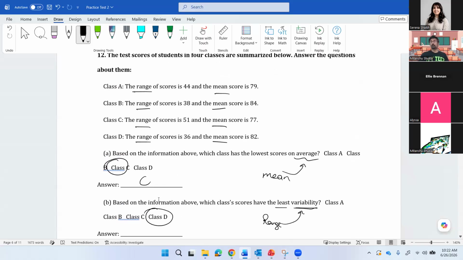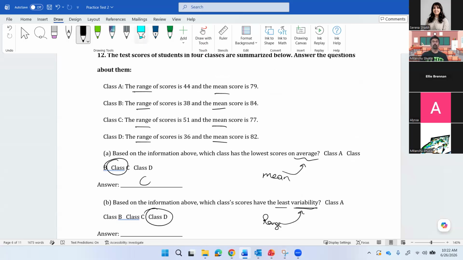That's why it's D. But if they gave you, let's say, 2 or 3 lists of numbers and you found the range of everything, and then they asked which one has the highest variability? It's going to be the one with the bigger range.